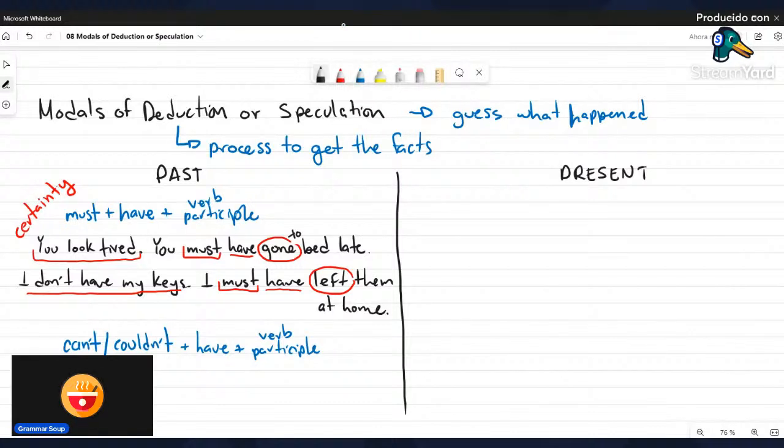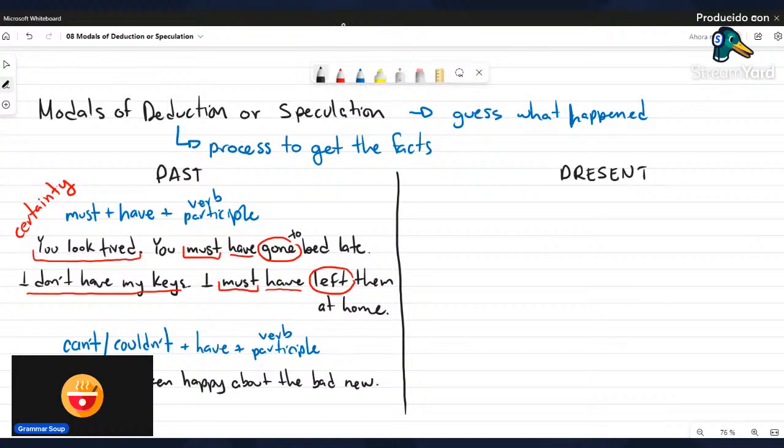So as you can see here, when you say something is not possible, for example, you can say she can't have been happy, right? Imagine that person listening to the news, and it affected her somehow. You can say she can't have been happy about the bad news.